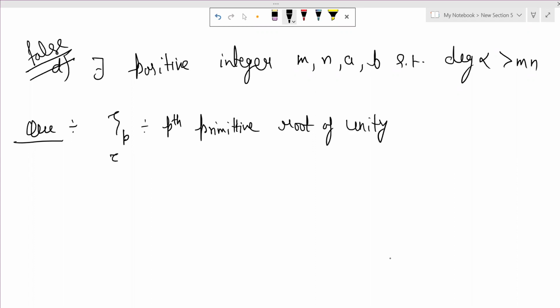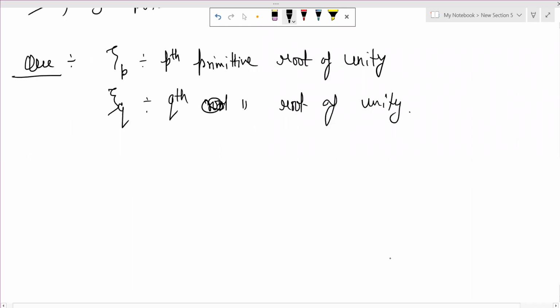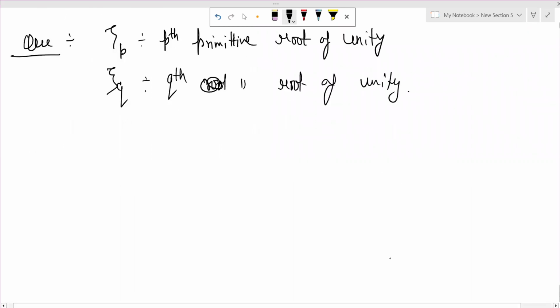Sir, I know root of unity, but primitive root of unity I don't know. So what is primitive root of unity? Anyone know?